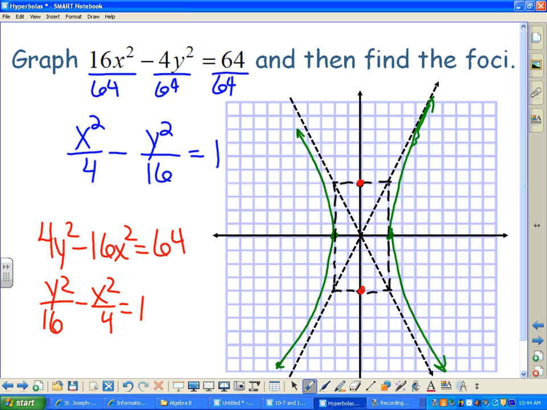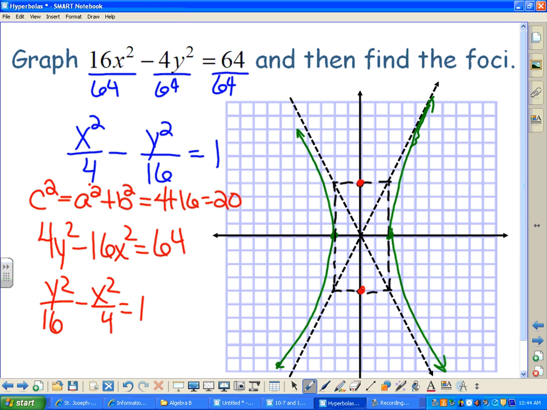Okay, let's see if we can find the foci for this original one. I think this equation is a little bit easier because it's just a squared plus b squared. So in this case, it's just going to be what? 4 plus 16, right? So 20. That's what c squared is.